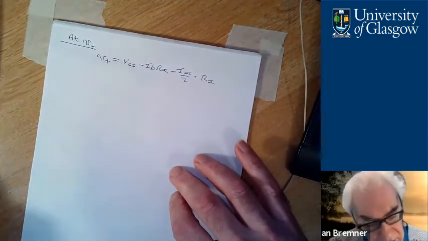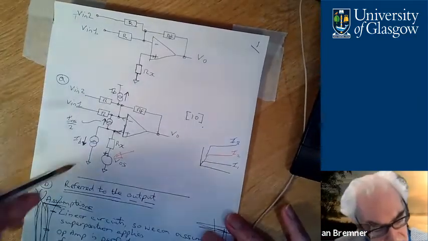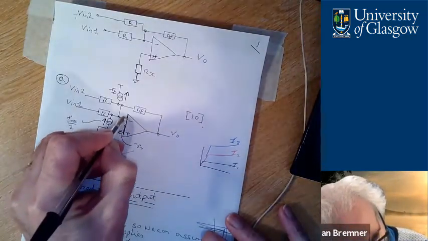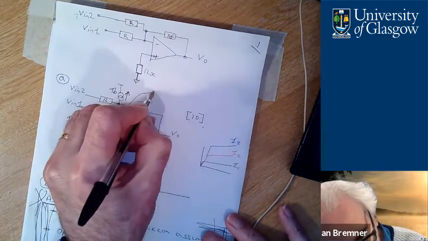So V plus is this node here, and that one there is V minus.